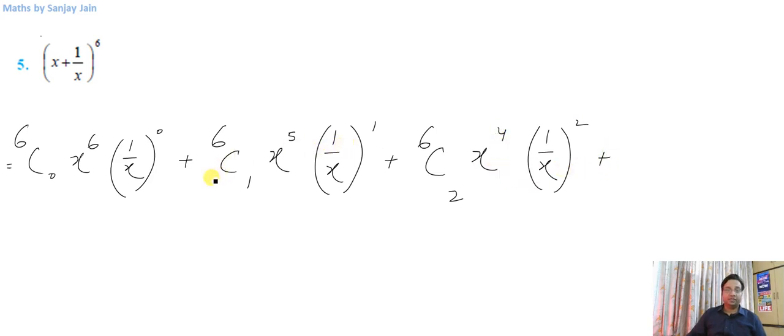You don't have to think after you have written the first term. You keep on increasing this by 1 and decreasing this by 1. So this is 6, I'll write 5 here, 4 here, this is 0, 1, 2, right?